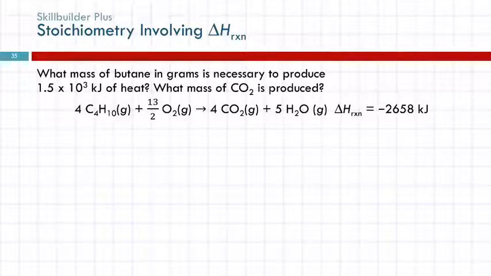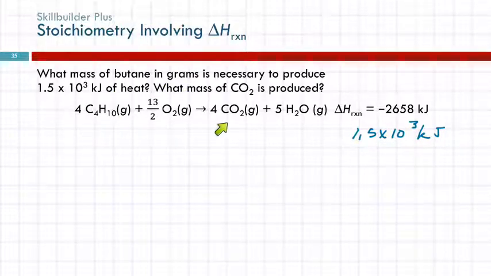So we want mass of butane, and we're given an amount of energy. So let's write this in here. So 1.5 times 10 to the third kilojoules. And the question is, what mass of butane in grams?